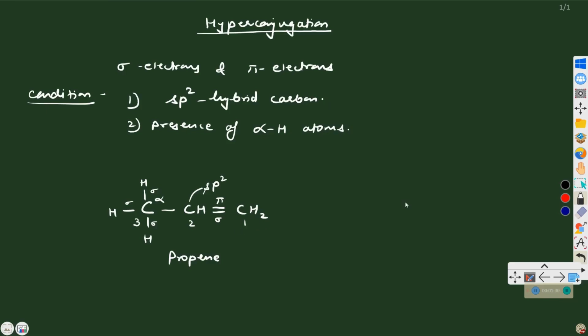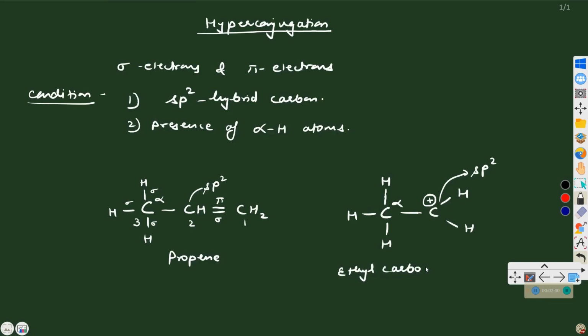If I take a carbocation example, we can take ethyl carbocation, CH3-CH2+. This carbon has 6 electrons, right? So this is also an sp2 hybridized carbon, and this is the alpha carbon, and this is the alpha carbon hydrogen sigma bond. Ethyl carbocation and propene.